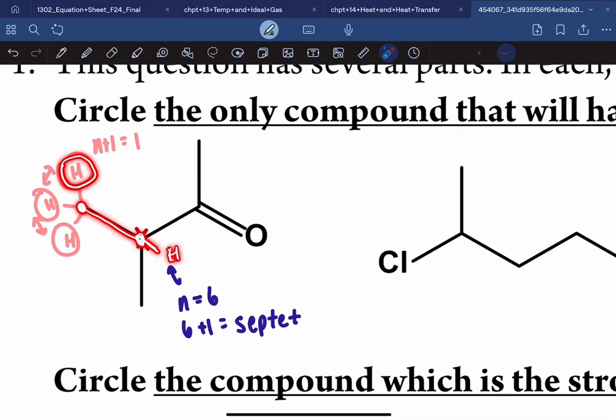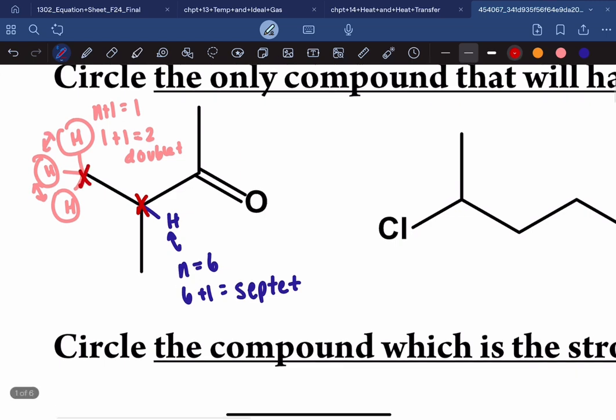That's kind of a lot, but basically there's one neighbor. So 1 plus 1 equals 2, and that is a doublet. So that's wrong. Okay. So you know it's not going to be this. This is wrong.